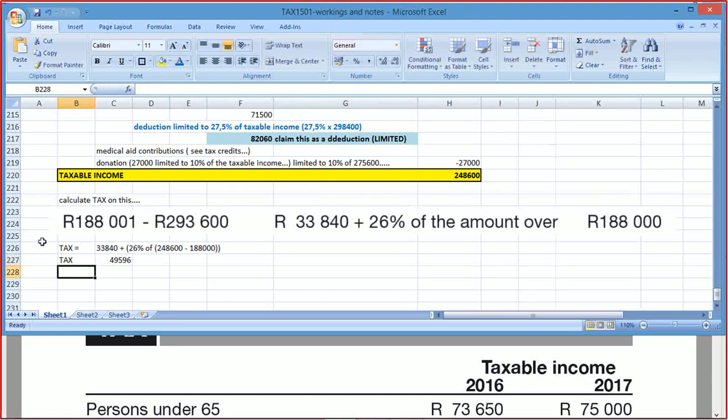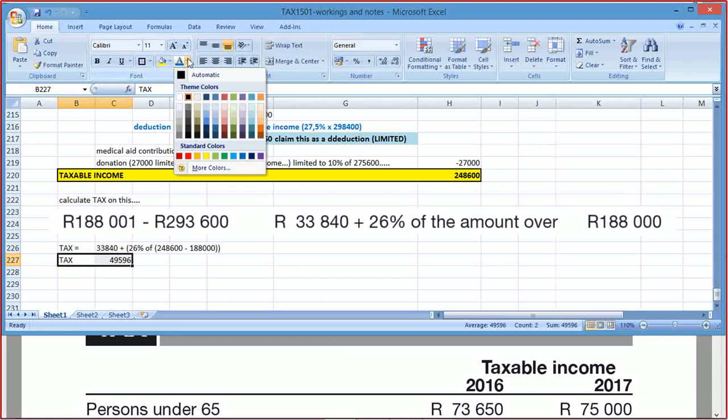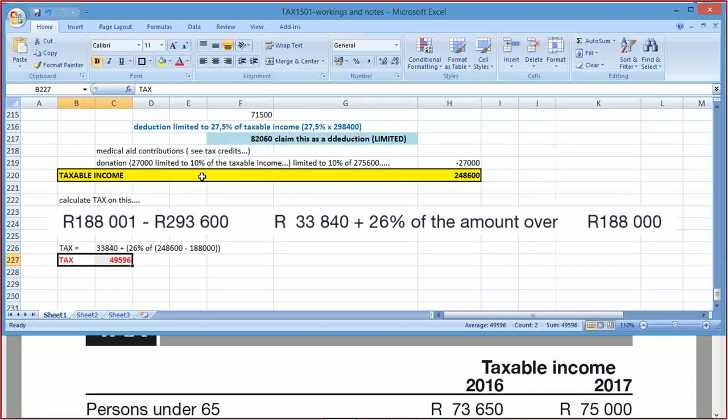Work that out. Gives you that tax. Okay, so she or he is going to have to pay 49,596 over to SARS.